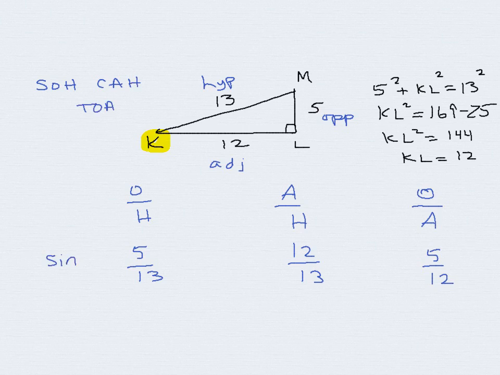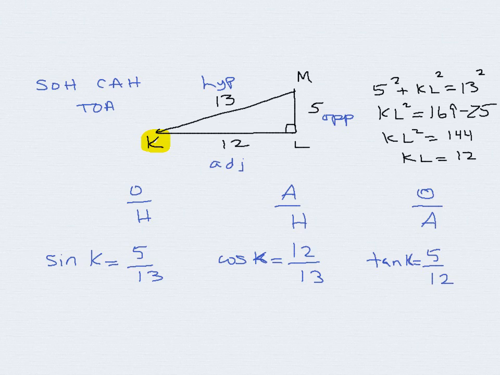So the sine of angle K would equal 5 over 13, which you could change to a decimal or leave as a fraction. The cosine of angle K, cosine is the adjacent over the hypotenuse, that would equal 12 over 13. And the tan of angle K would equal opposite over the adjacent, 5 over 12.